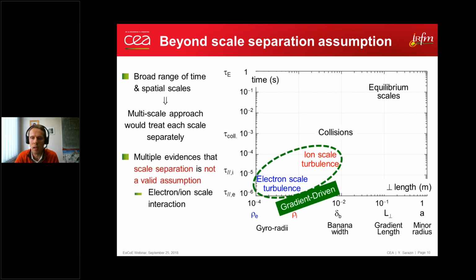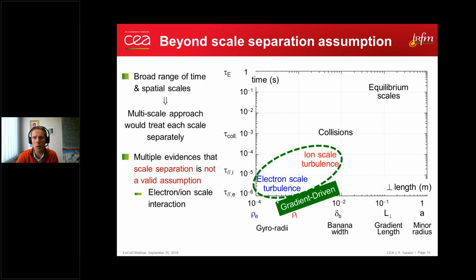So the idea is to separate the problem, and recent simulations have shown that we cannot completely separate the problem and perform the multi-scale approach. We need to take into account some interaction between various scales. The first one deals with the interaction between the ion scale and the electron scale turbulence.